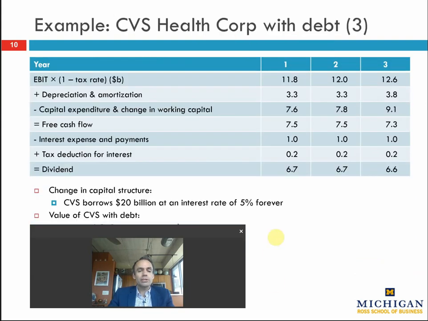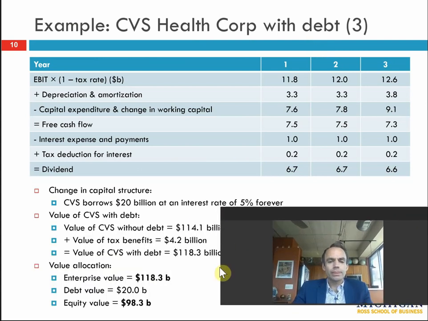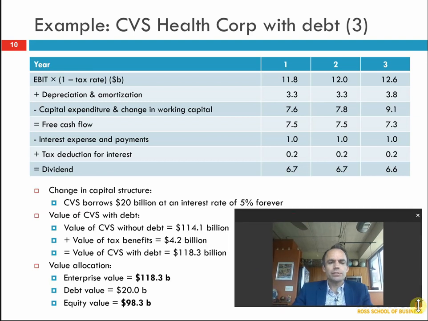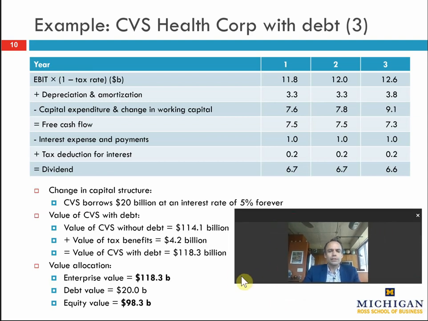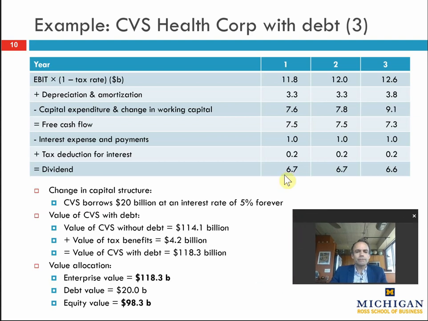So let's apply that to CVS Corporation and see what happens to our valuation. Same cash flows as before in terms of free cash flows, but something's going to be a little bit different. The free cash flows are going to be 7.5 and 7.3 billion. That's what we had before. The value of CVS with debt is the value of CVS without debt.